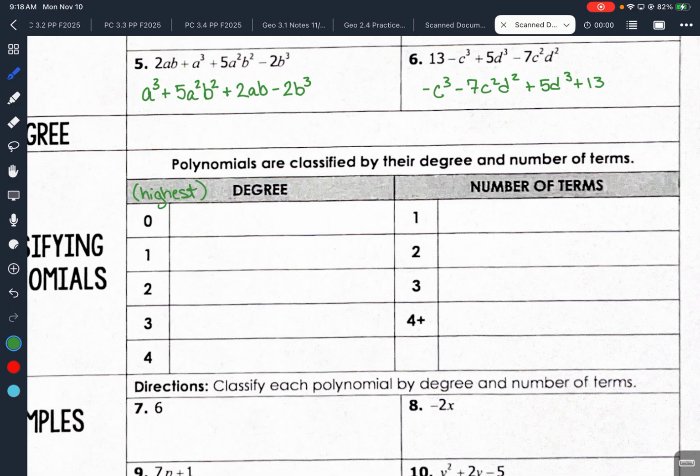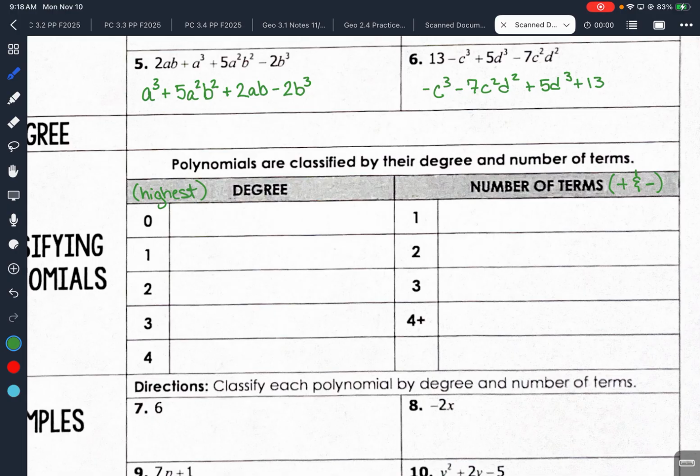And here we have the number of terms, and terms are made by addition and subtraction. Multiplication just means it's one thing, because I can multiply anything I want. I can only add or subtract things that are alike, right? Cannon, are you good?